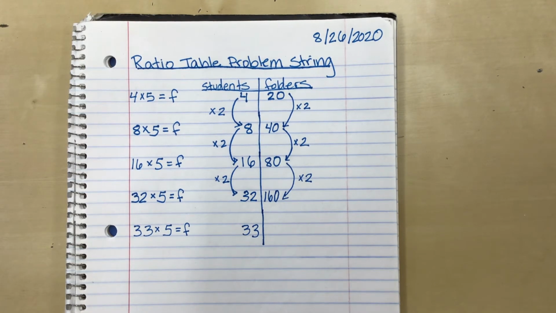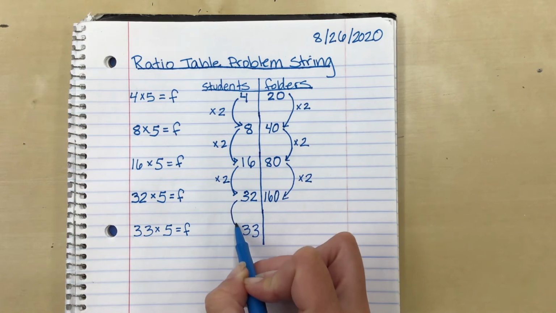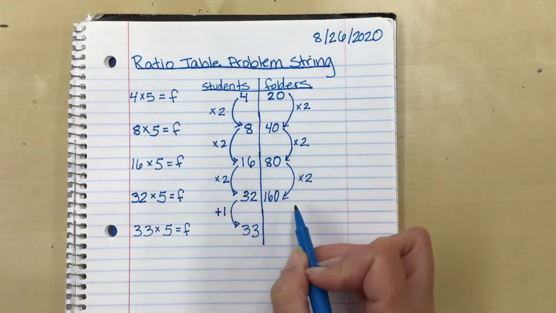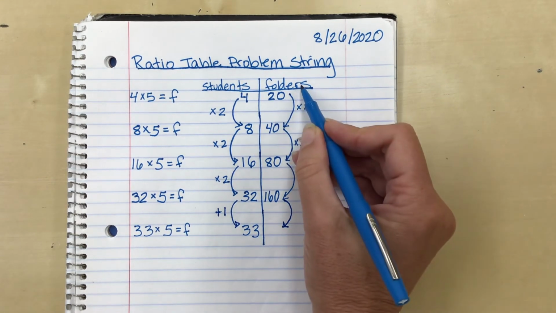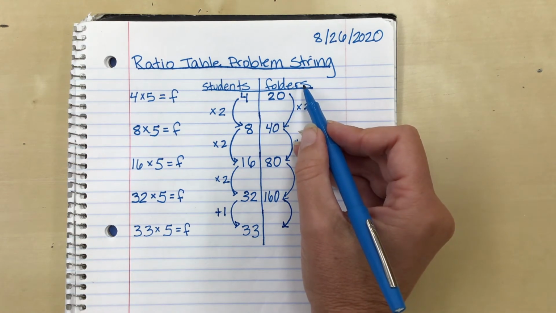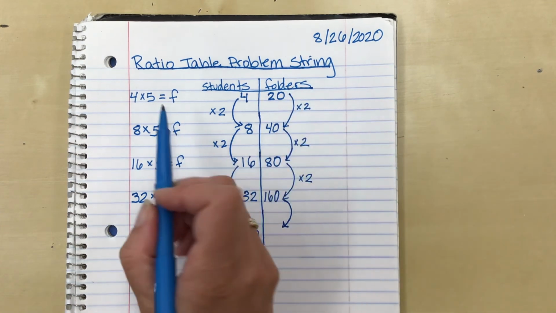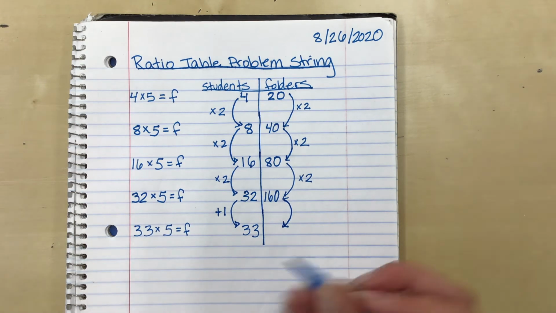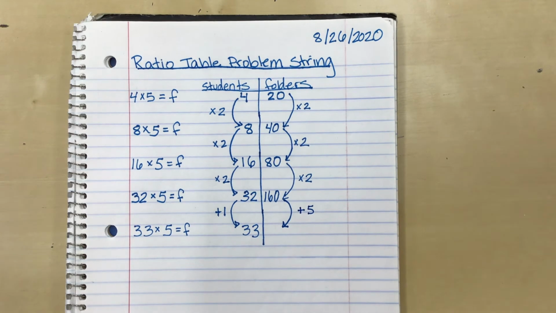What are we going to do? What changed here? This went up by 1 student. So I'm going to say plus 1 student. So over here, it's going to go up by how many folders 1 student brings in. So how many folders did 1 student bring in each time? There it is right there, 5. So we're going to say plus 5 for this side.